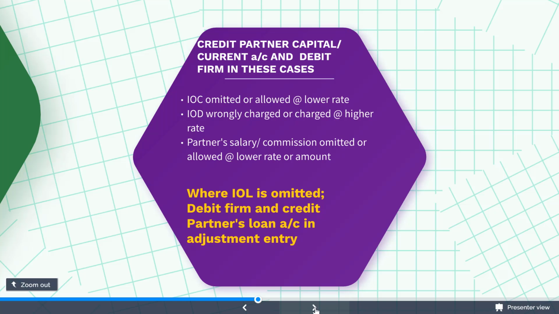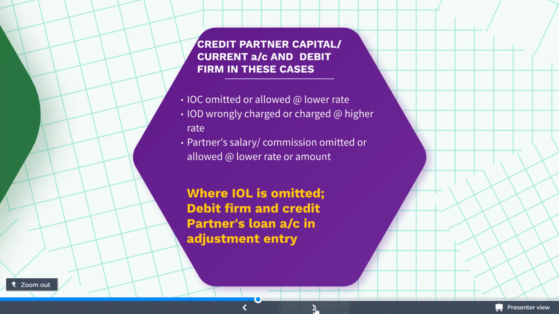Where interest on loan is omitted, we need to debit the firm and credit the partner's loan account and not the partner's capital or current account in the adjustment entry. This concept we've discussed earlier when we learnt about interest on loan.